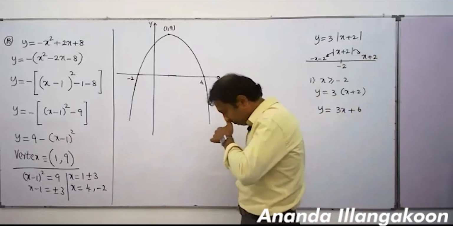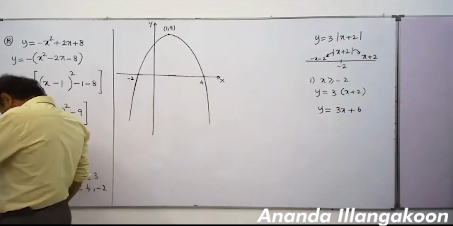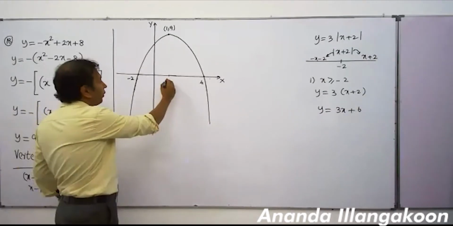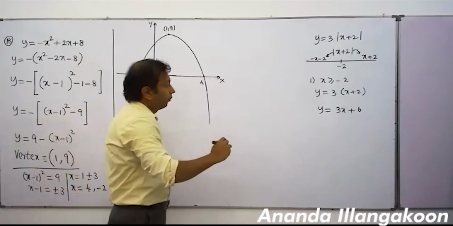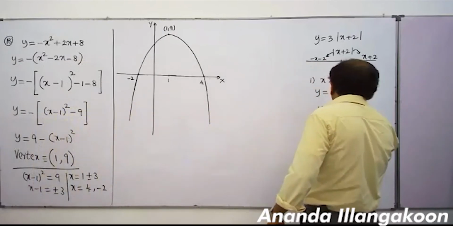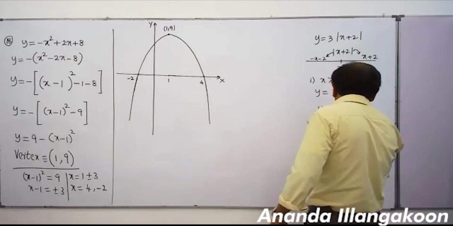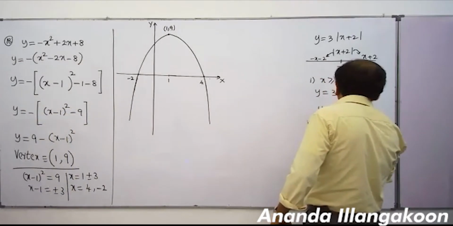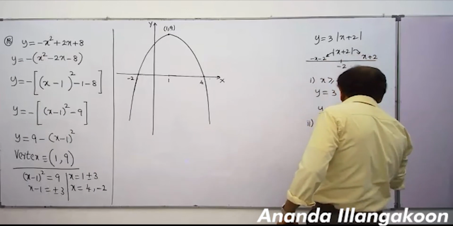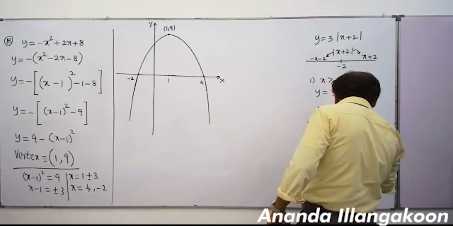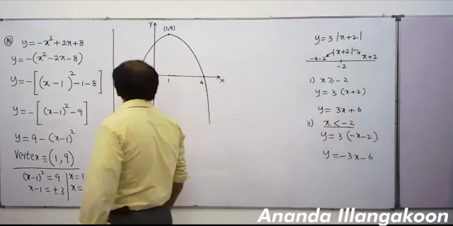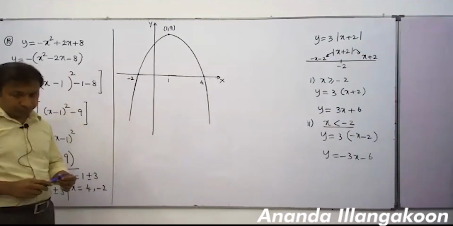Secondly, for x less than minus 2, y equals 3 times minus x minus 2, so y equals minus 3x minus 6. Now we have to draw those two graphs.